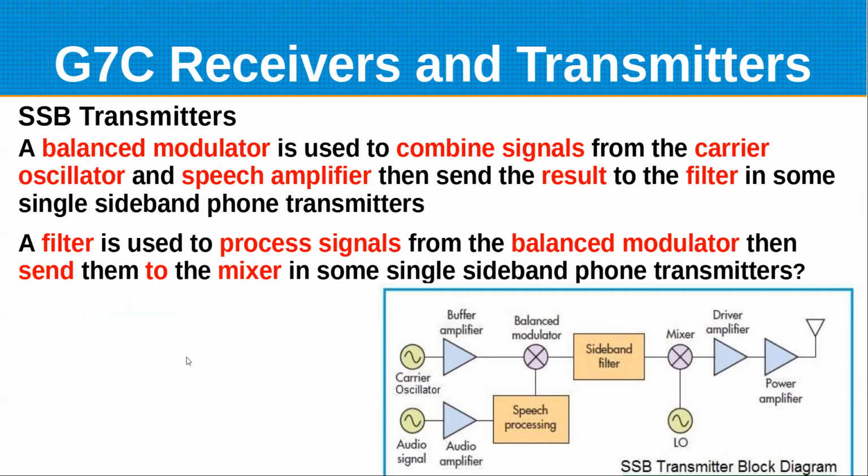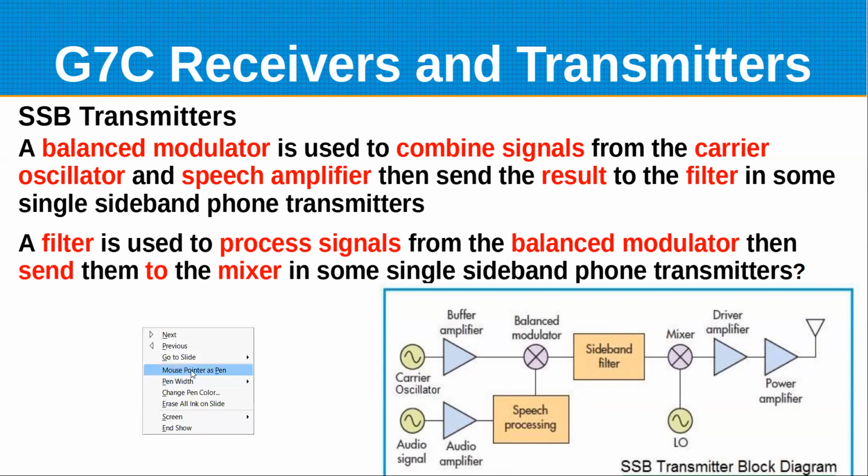Receivers and transmitters. Not sure why he started with SSB, but for a single sideband transmitter or receiver, in this case of the block diagram, we have a transmitter down here.